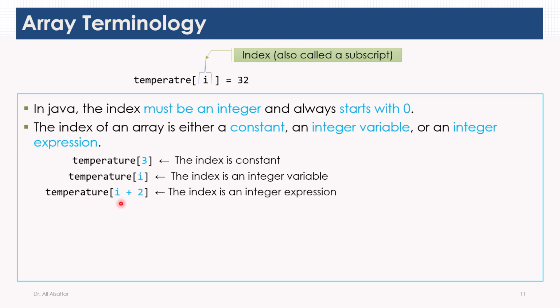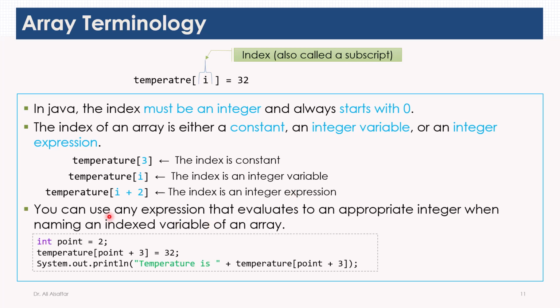The third option is that the index is an integer expression. You must put an integer expression so that the result is an integer, because a location must be an integer. Hence, you can use any expression that evaluates to an appropriate integer when naming an index variable of an array, because as I said earlier, an index or subscript should be an integer.